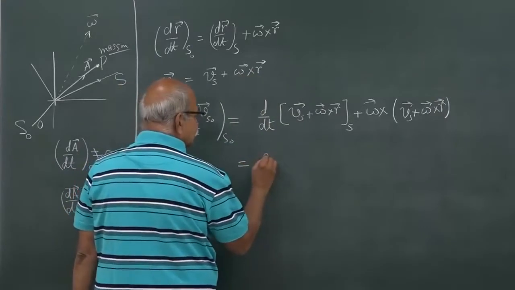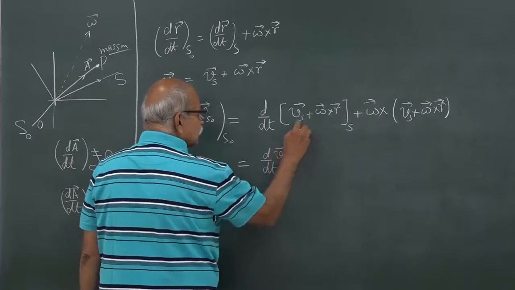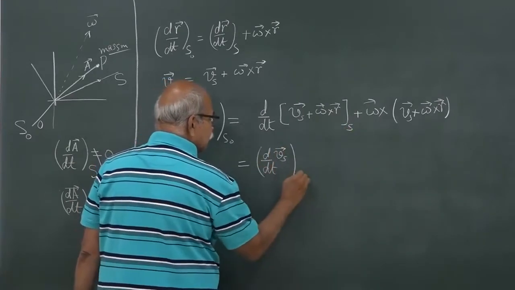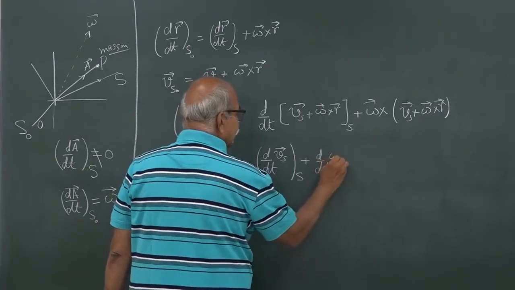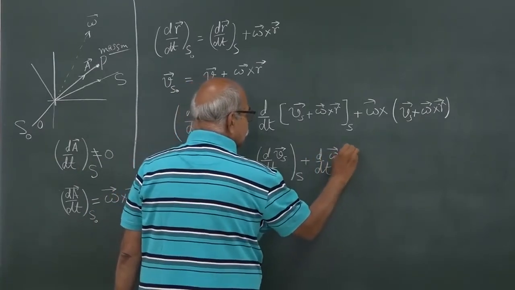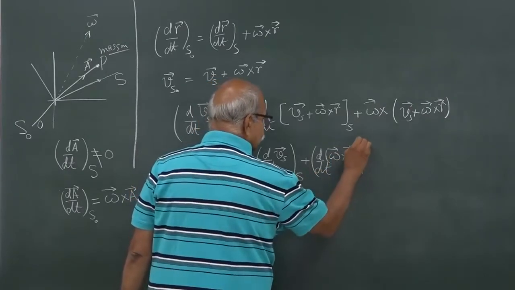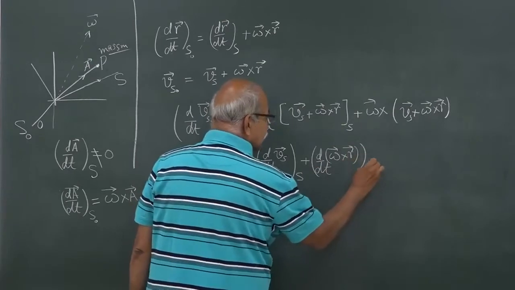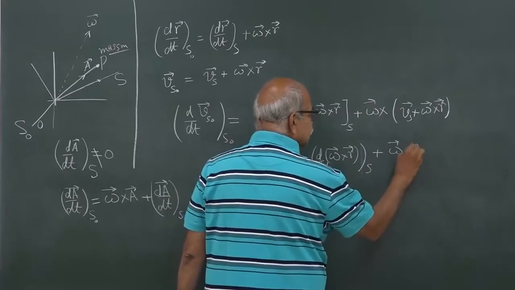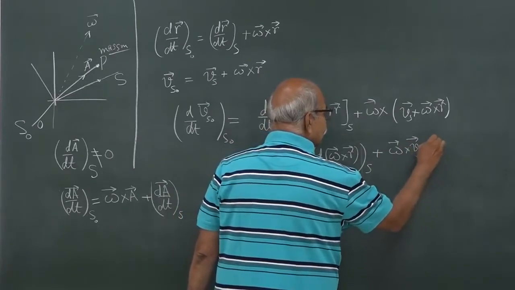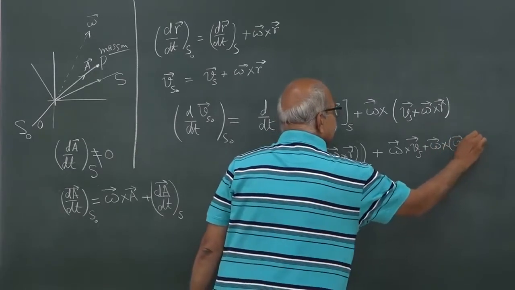This is equal to d/dt of V s in S, this is 1, then d/dt of omega cross r, and that is also in S, and then plus omega cross V s, and then plus omega cross omega cross r. Check.